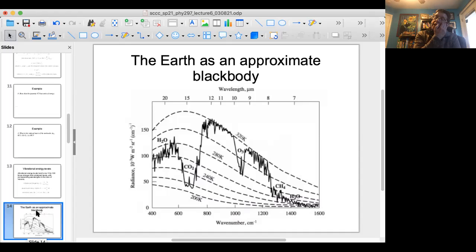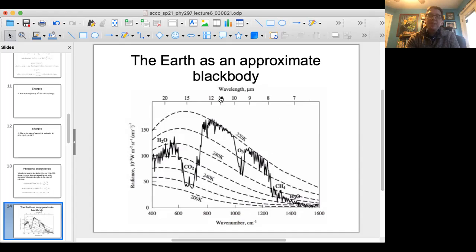You can look at the vibrational bands and see them simply by looking at radiation from the Earth's surface that has traveled through the Earth's atmosphere. At wavelengths of 7 to 8 microns, you can see absorption bands due to water vapor and methane. Then you have an absorption band due to ozone between 9 and 10 microns.